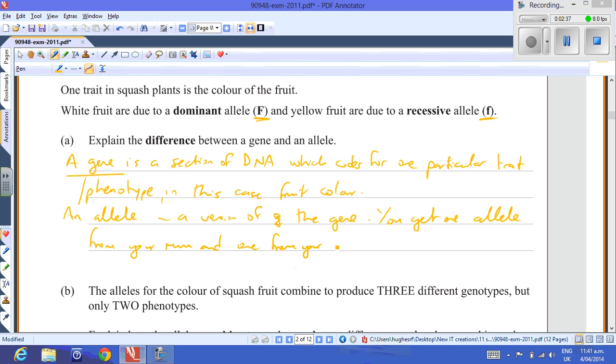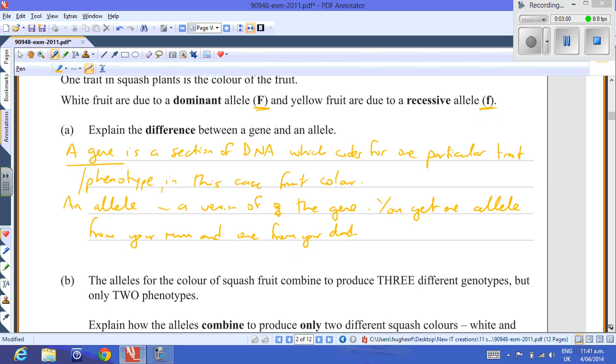So that's the idea of alleles. Slightly different base sequence means that you get yellow fruit or white fruit. So you can have the gene for fruit color, and because of a slight variation in the base sequence, you have one allele which results in yellow fruit and one allele which results in white fruit.